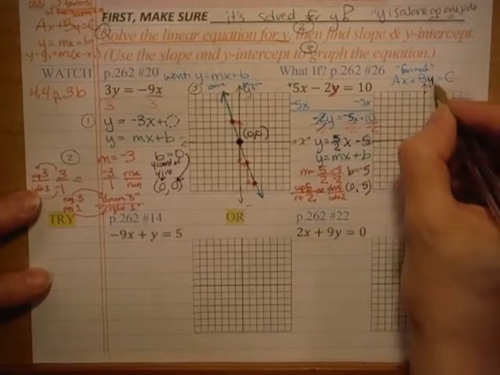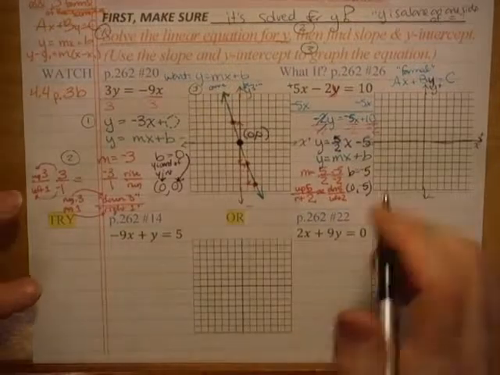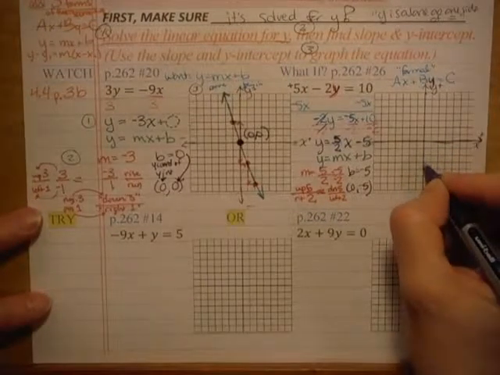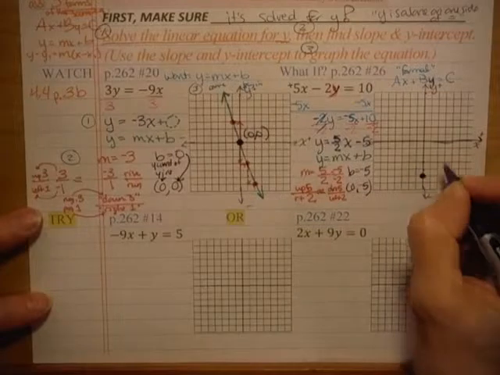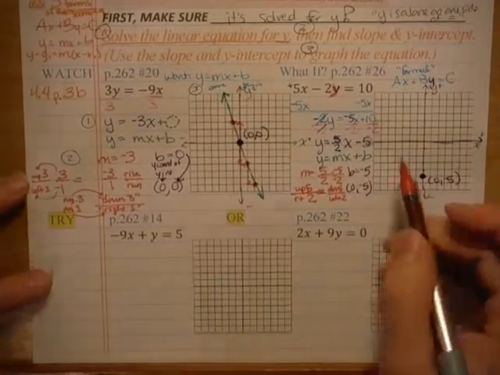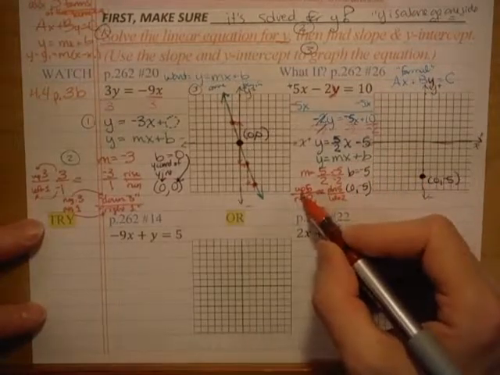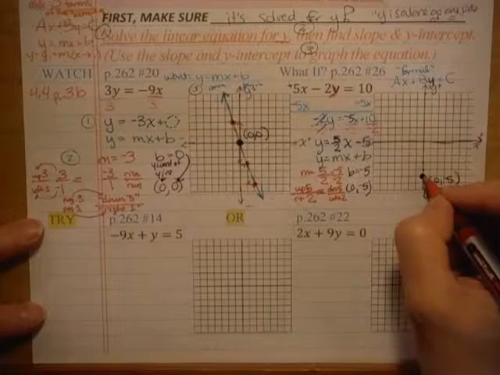Plus or minus on the x-axis, plus or minus on the y-axis. Here is our intercept. It's at negative 5 on the y-axis, 0, negative 5. Our movement, I don't think I'll use the down and the left because that'll take me off the grid pretty quickly. So I'll stick with my 5 over 2, my positive and positive.